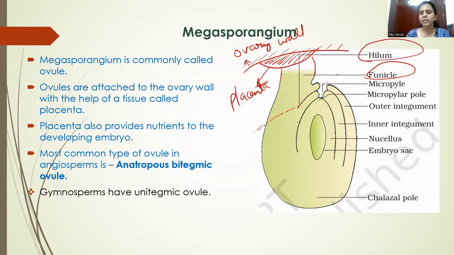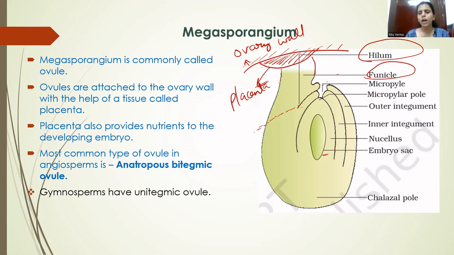In the body of this ovule you can make out that different layers of cells arise, and these layers of cells form the outer covering of the embryo sac. We all know that inside the ovule the female gamete is present inside the embryo sac, which is present deep inside the ovule.